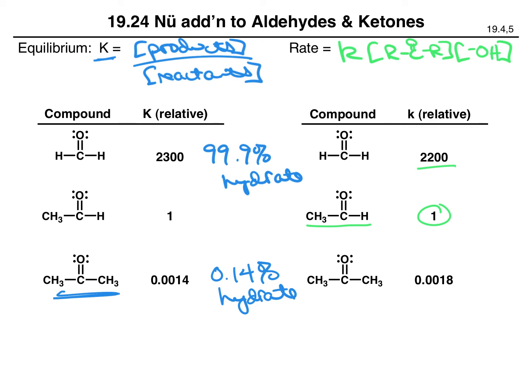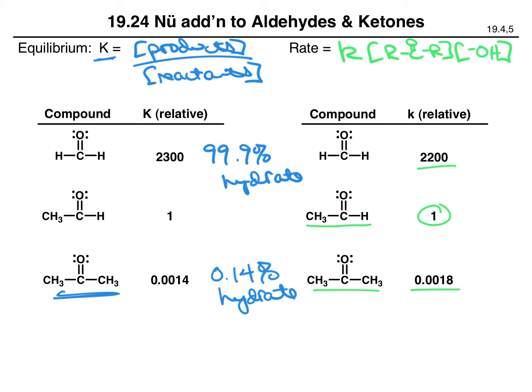And so that means it is a much, much faster reaction. And for acetone, the rate constant is a lot smaller, which means it's a much, much, much slower reaction. As we are considering ketones compared to aldehydes, compared to even simpler aldehydes, we see a significant difference both in terms of the equilibrium and in terms of the rate constant.